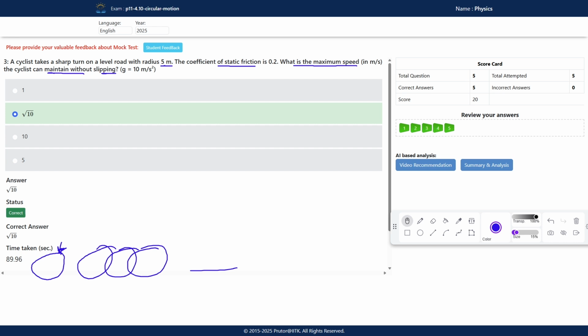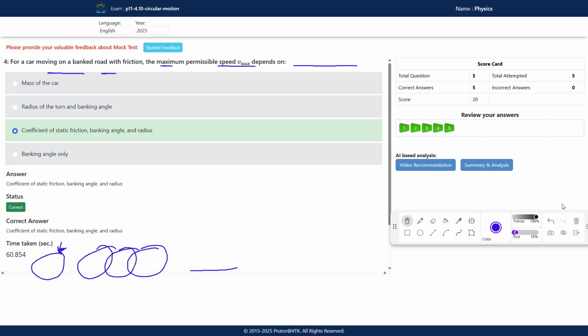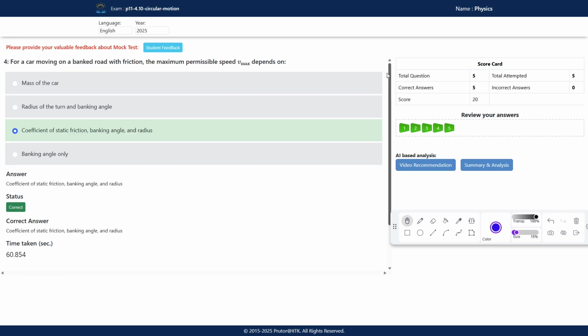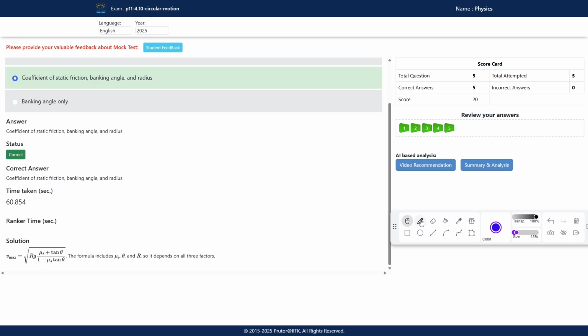Third question, fourth one. For a car moving on a banked road with friction, the maximum permissible speed Vmax depends on what? So here, we know the formula is this one.